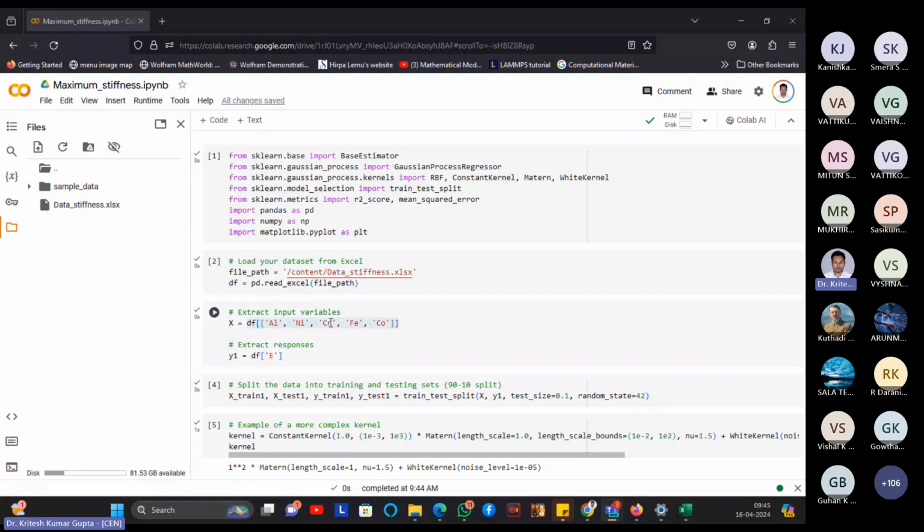So I hope this is clear. I will share the code with you. You can explore this on your own as well. Those who are working with the data set which Kalavani ma'am or Anjana ma'am has shared, you can utilize that data over here for this kind of analysis.